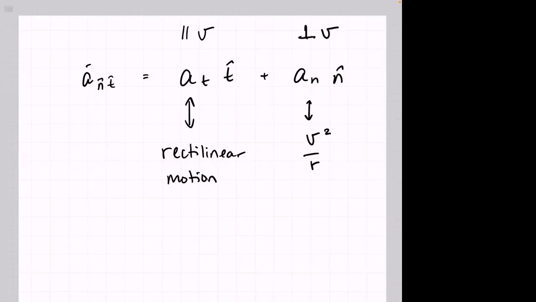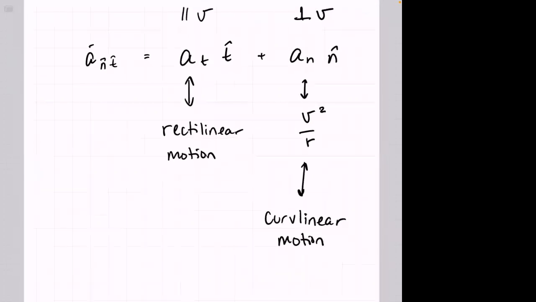And what we can relate this to is curvilinear motion, where v is equal to rho omega or r omega, depending if you're at a perfect circle or not.